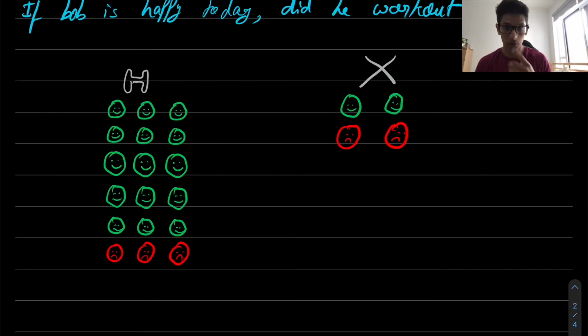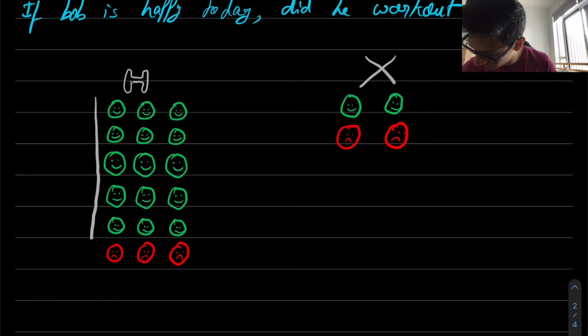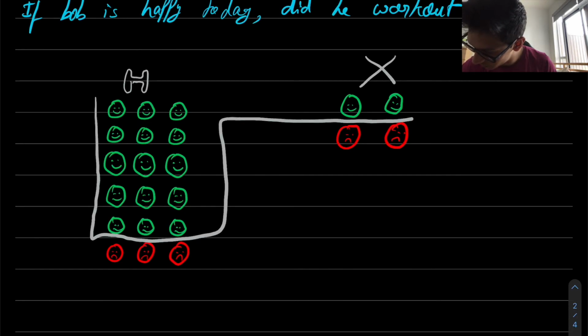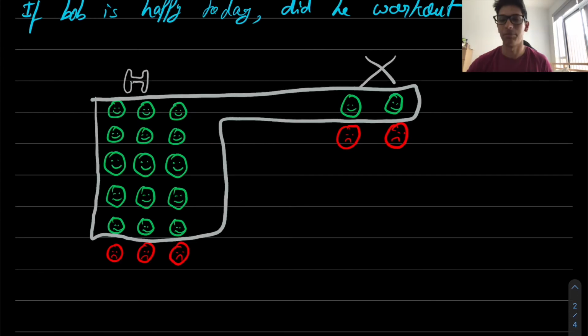Now we want to find the probability of him working out given that he was happy. So we see that these are all the times that he was happy. Given this, what is the probability that he worked out?